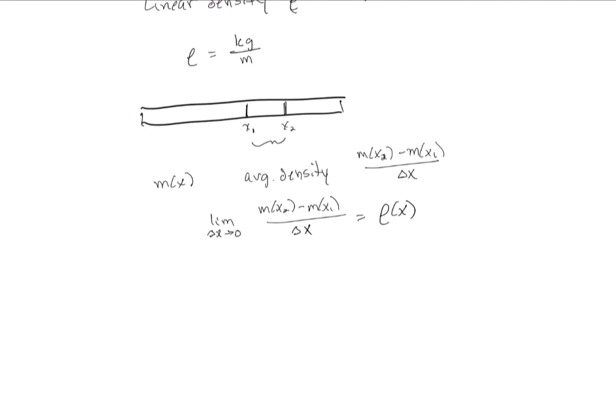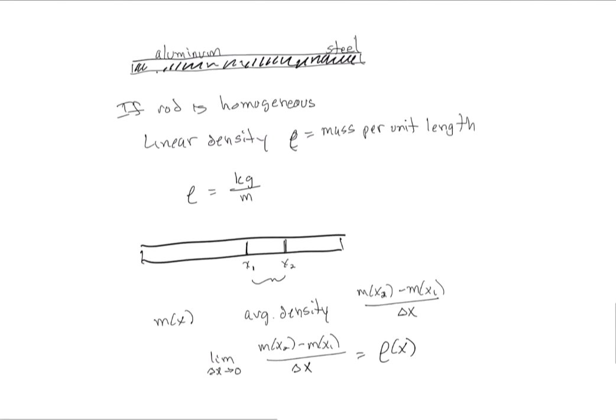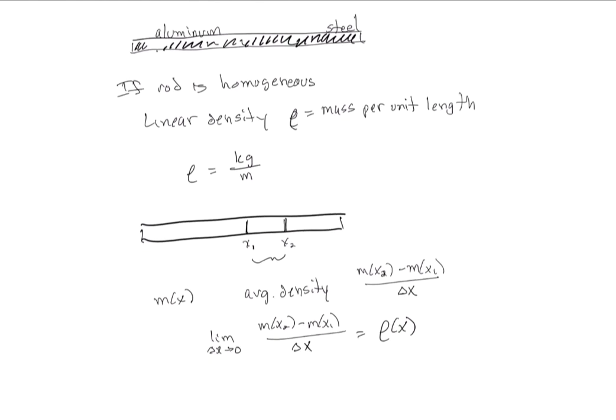So if my density is homogeneous, then my rho is a constant. And if my mass varies as a function of the position x, then my linear density rho will also be a function of where I'm at, where my location x is in that rod.